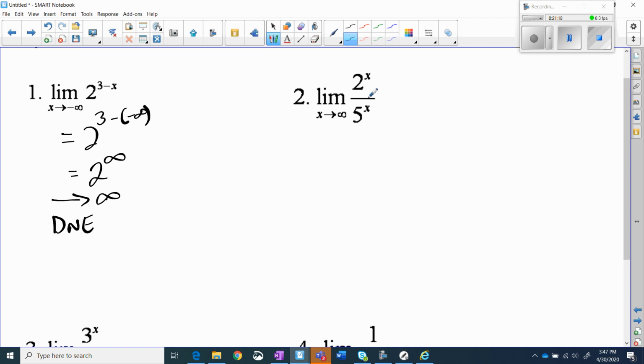This one, it's a little different here because you've got your numerator to the x, your denominator to the x. So sometimes students will say, well, 2 to an infinitely big number is infinity. 5 to an infinitely big number is also infinity. But here's what you need to think about. If your exponent was, let's say, 100, and you had 2 to the 100 over 5 to the 100, these are not the same numbers.